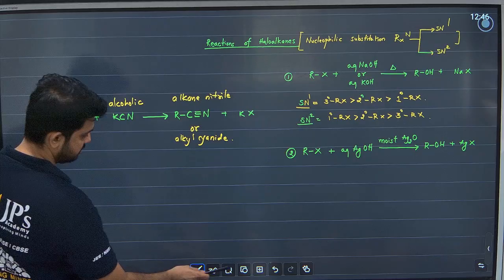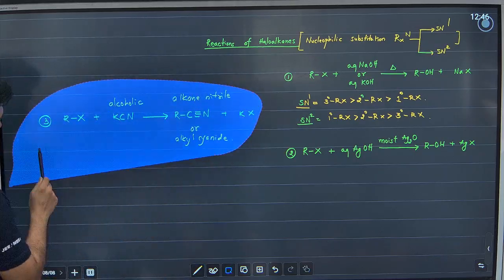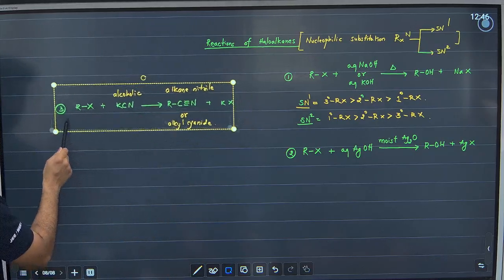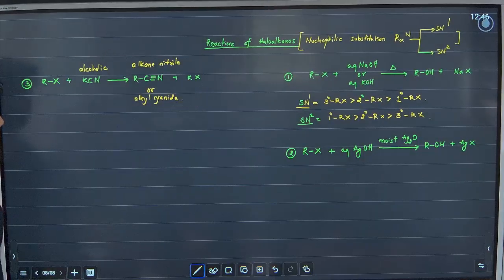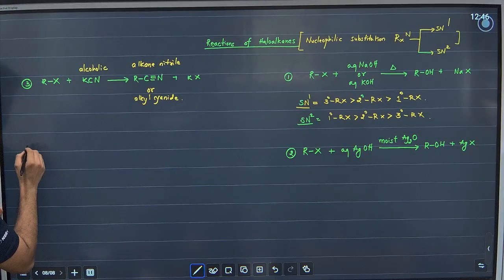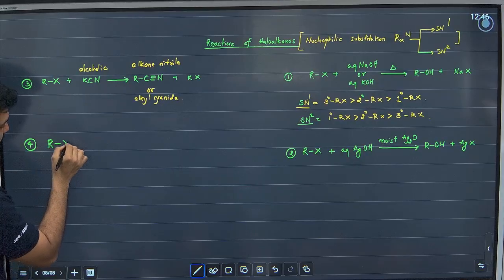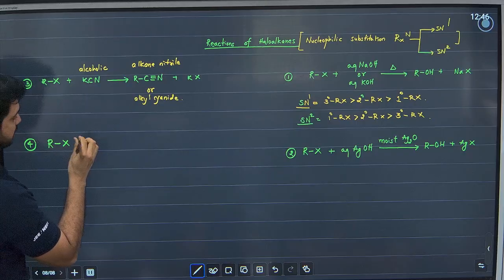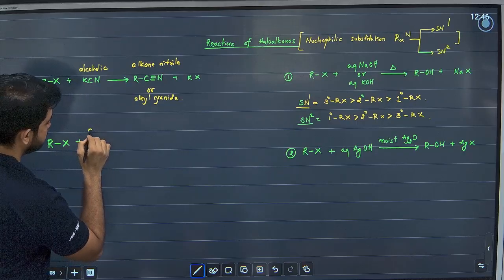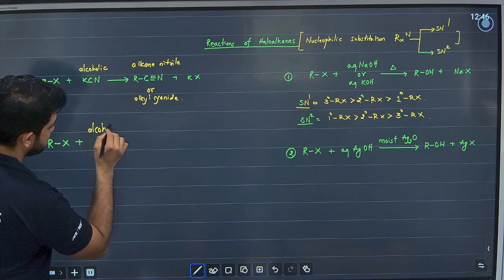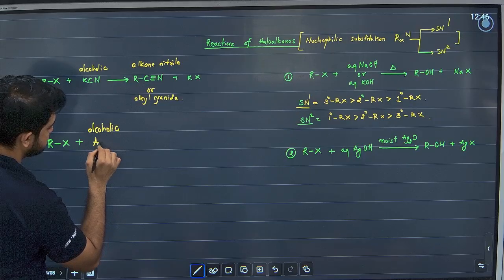With me till here? Say yes or no. Now, look at the next reaction. I have RX alkyl halide plus alcoholic AgCN.